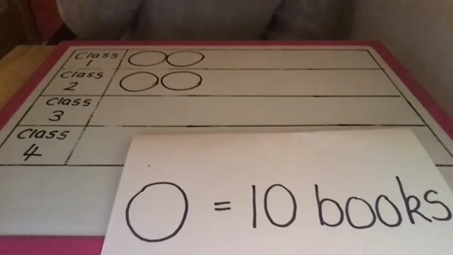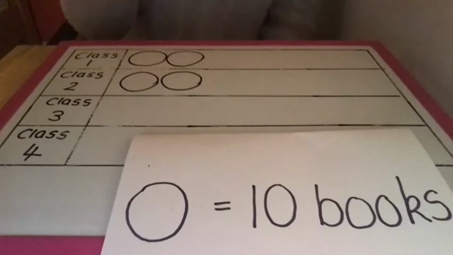Well, I need to add 5, don't I? Because 20 plus 5 equals 25. Now, how am I going to show this extra 5 on my pictogram? Could you pause the video and have a think? What did we do when we were having each picture representing 2? What did we do when we needed to only represent 1? Pause the video now and have a think. Okay, year 2.